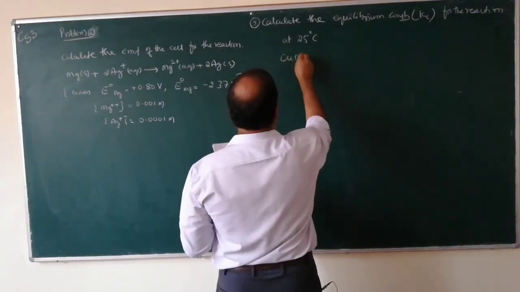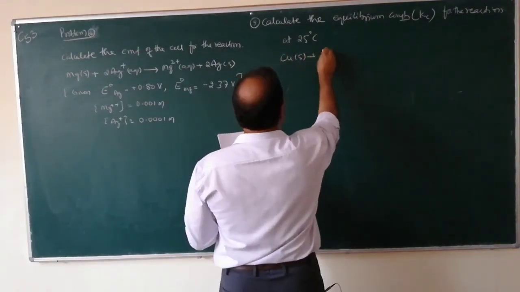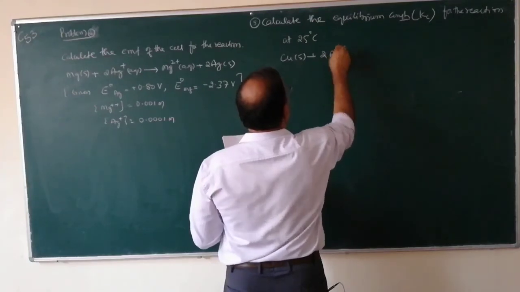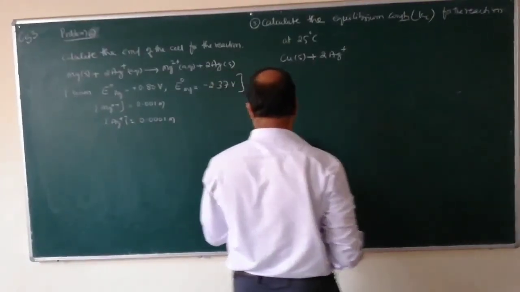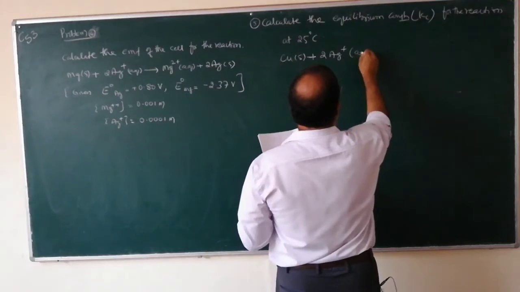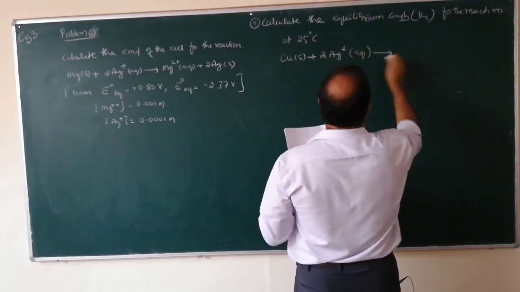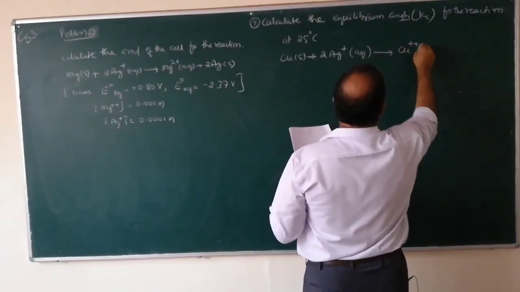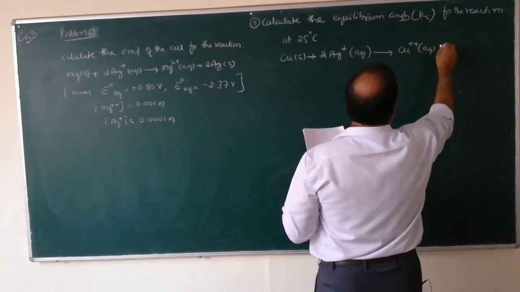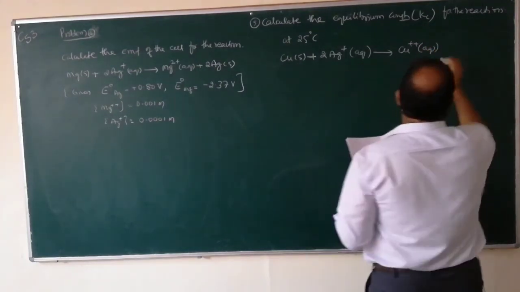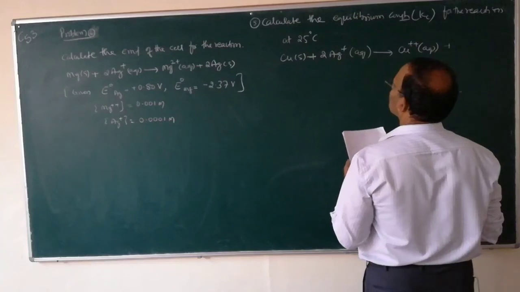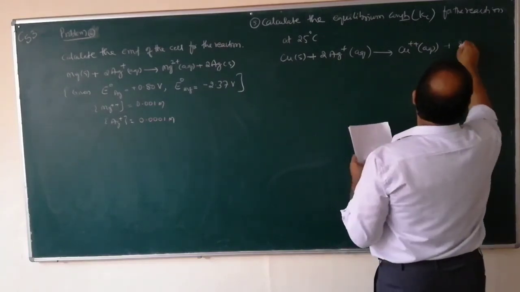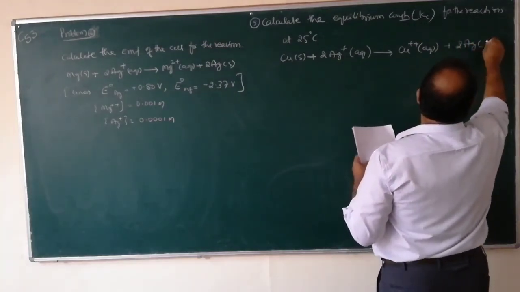This is Cu(s) plus 2Ag plus (aq) gives Cu2 plus (aq) plus 2Ag(s).